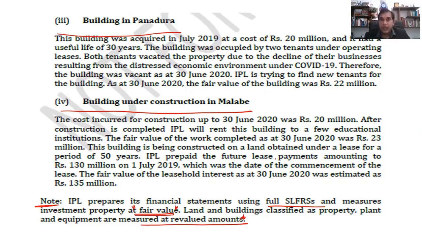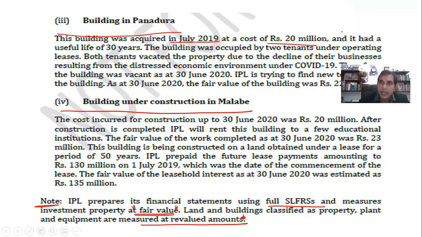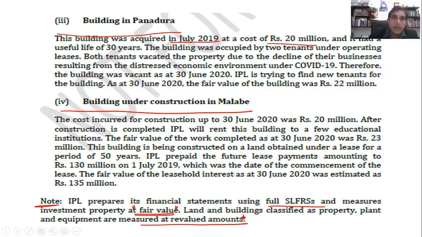Right. Let me read this. Building in Panadura. This building was acquired in July 2019, that is inside the financial year, at the cost of 20 million. The cost is 20 million. And it had a useful life of 30 years.